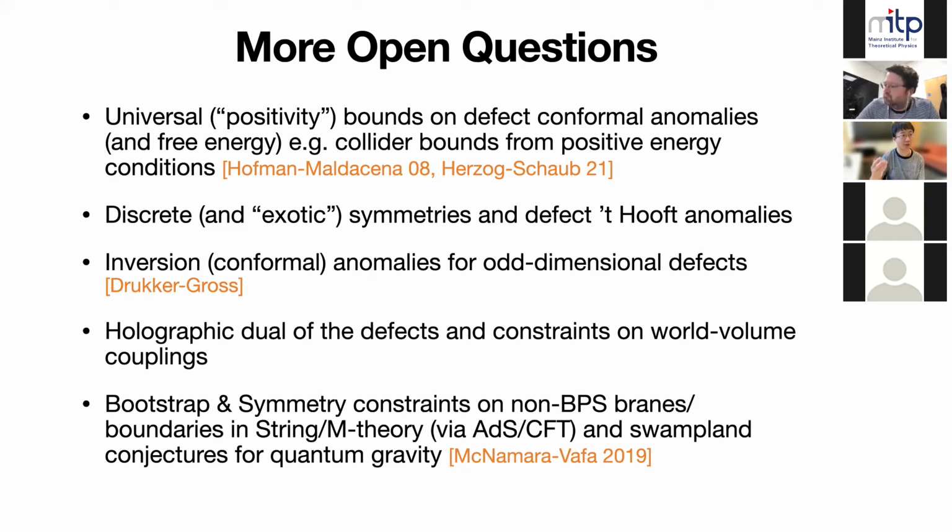There are potential constraints on the spectrum of what kind of defects are admissible coming from anomalies in the quantum field theory. You can also import those constraints into string theory or the more general quantum gravity and deduce non-trivial constraints on what kind of extended branes beyond the BPS branes are possible in string theory.